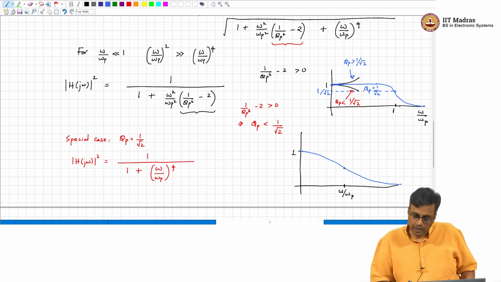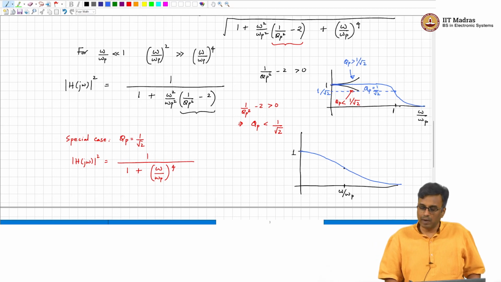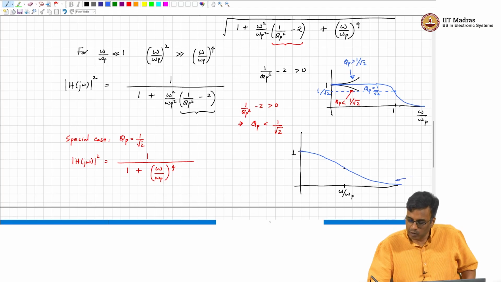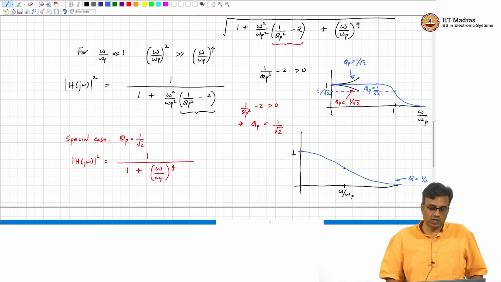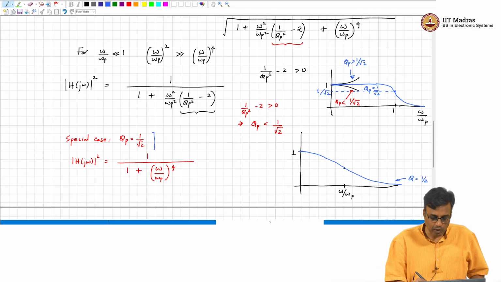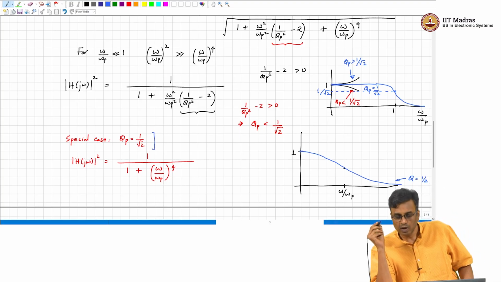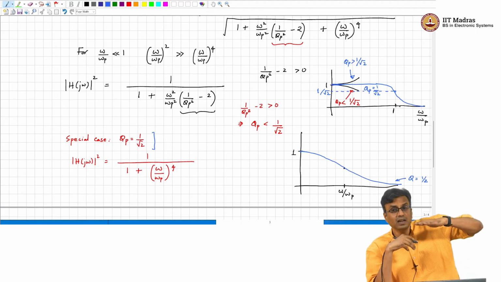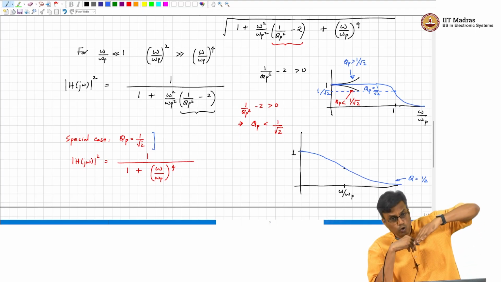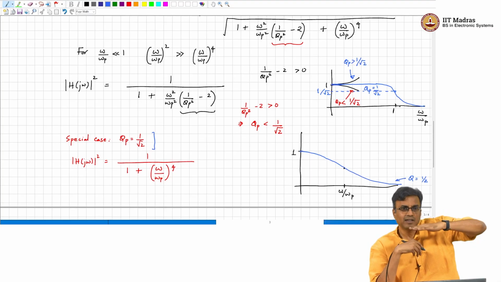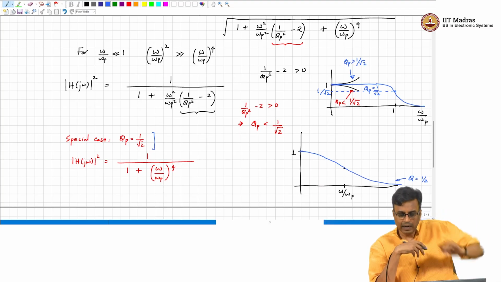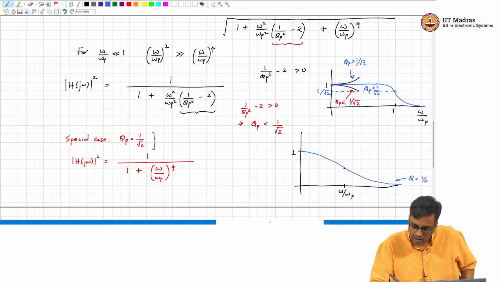Now, this is QP equal to half. So, for QP equal to 0.707, which is the special case of 1 by root QP being equal to 1 by root 2, what happens around DC? The response is not drooping like this; it is actually flat, right? And the response basically looks like this.